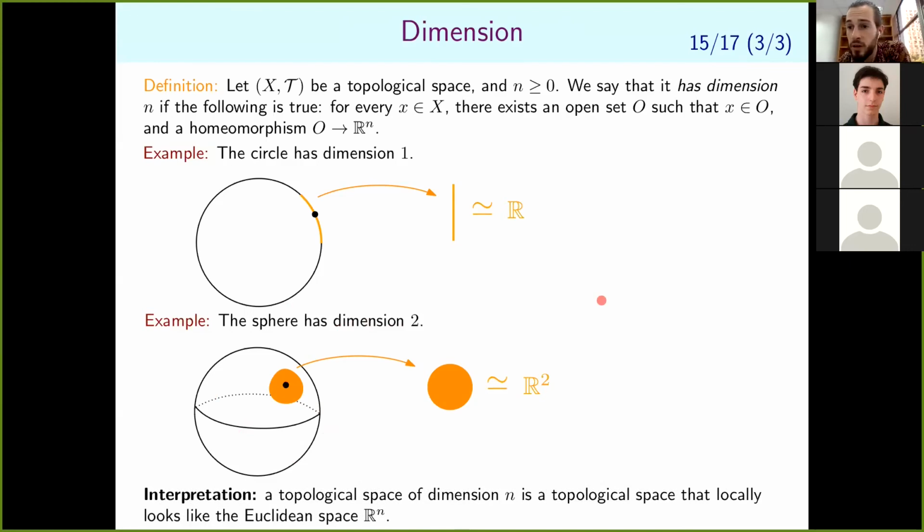So the main interpretation of this notion of dimension is the following. A topological space has dimension n if locally around each point it looks like the Euclidean space of dimension n, if locally it is homeomorphic to Rn.